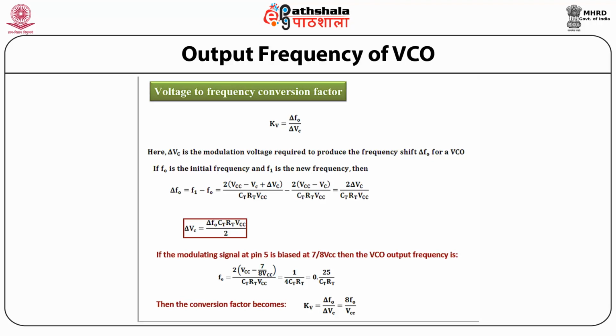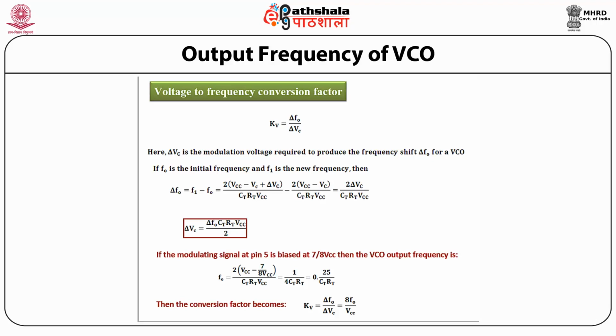So after simplification, this is equal to 2 delta VC by CT RT VCC. Now simplifying, the expression for delta VC is delta F0 CT RT VCC by 2.